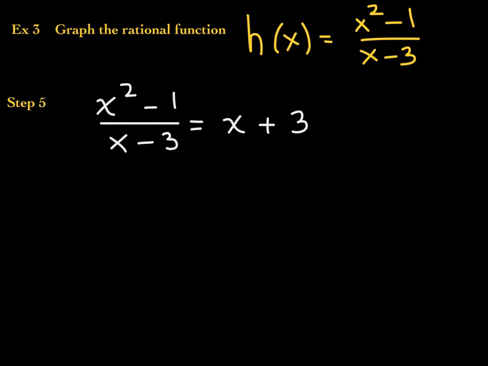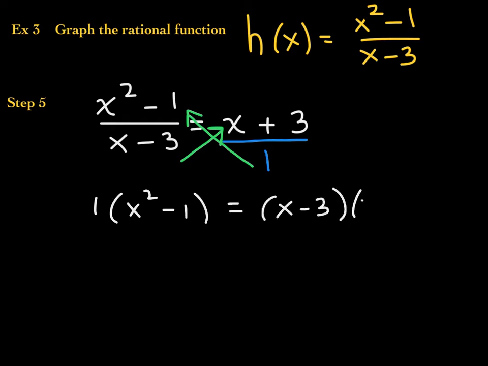A little while ago, when we did a problem like this, at this step, what I did was cross multiply. You can still cross multiply if you like, if you just remember that x plus 3 is really over 1. So cross multiplication works like this, okay? And so then you would have 1 times x squared minus 1 must be equal to x minus 3 times x plus 3, which is basically x squared minus 1 is equal to x squared minus 9.